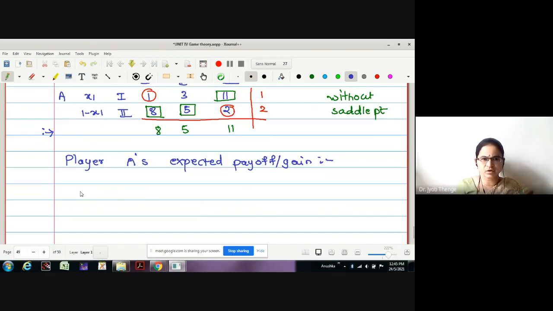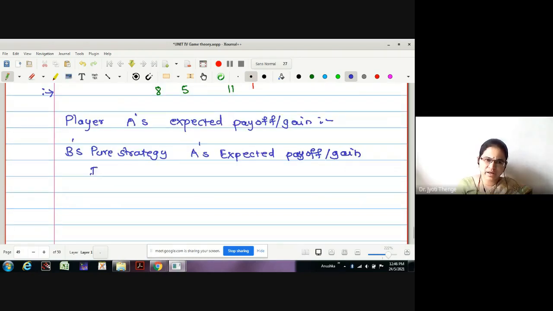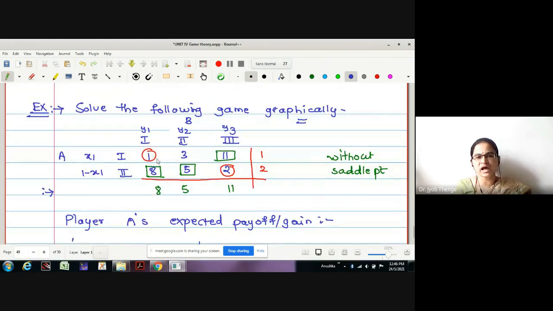Let us find out by considering B's pure strategy, one strategy at a time, and A's expected payoff or gain. Suppose B plays 1, 2, 3 at a time respectively. Then what is A's expected payoff as per the formula? This is 1 into x1 plus 8 into 1 minus x1. Correct now?